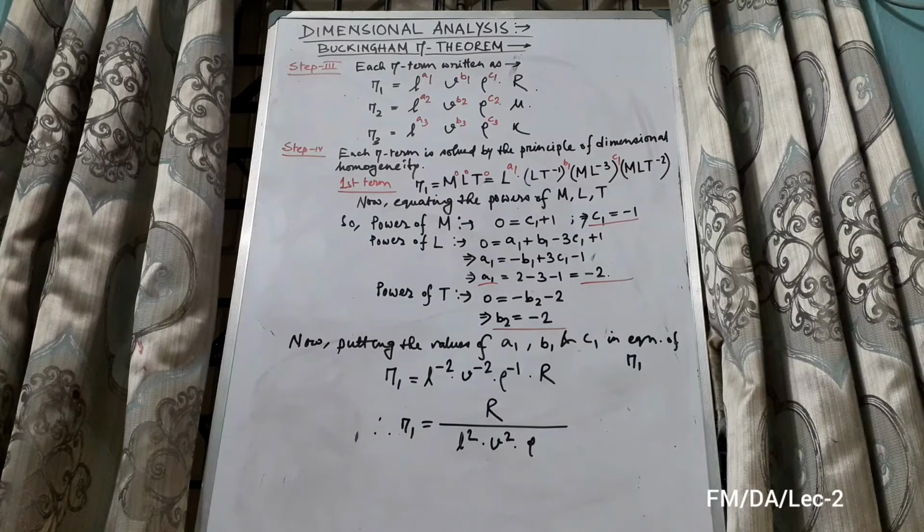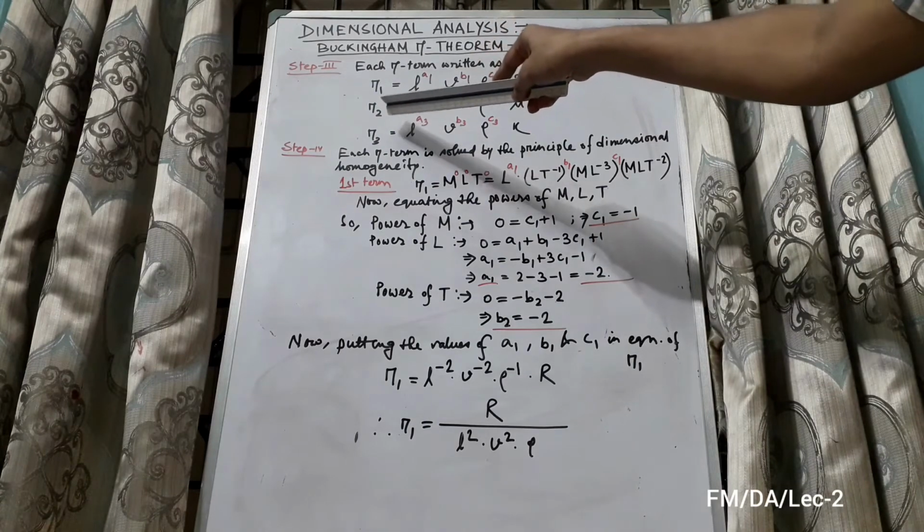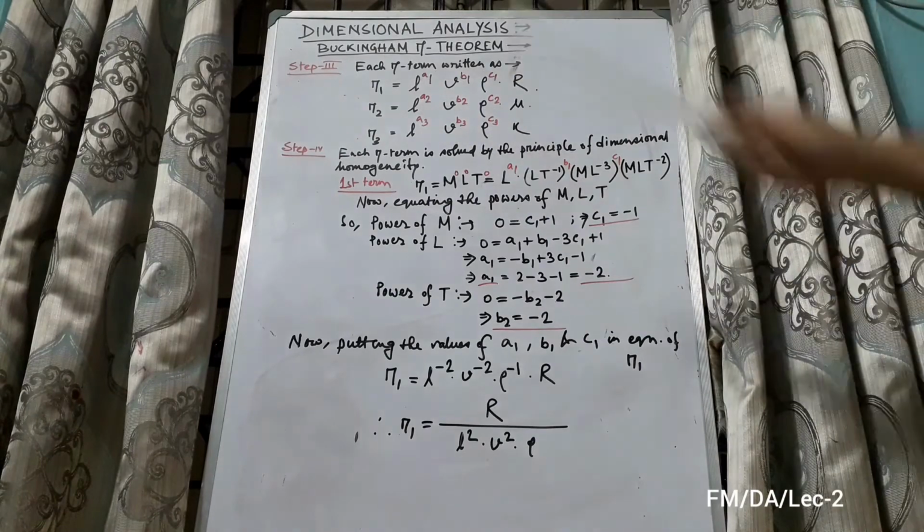Now the first pi term is pi 1, then the second term is pi 2, and the third term is pi 3. We are talking about pi 1.